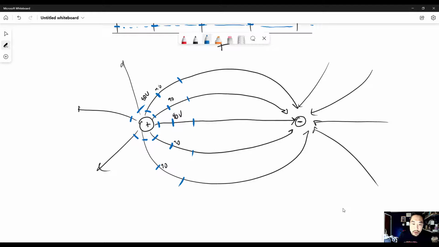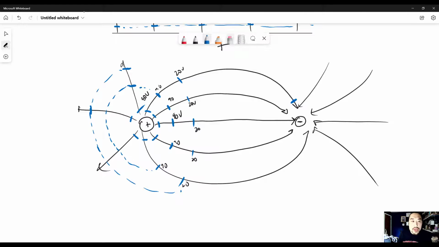As we emanate out, let's say this one is 20 volts, 20 volts, 20 volts, 20 volts, 20 volts. On the other side, the closer to the negative one, that's 90, that's 20. Let's finish this. It can get a little messy, but I think they're fun to draw.